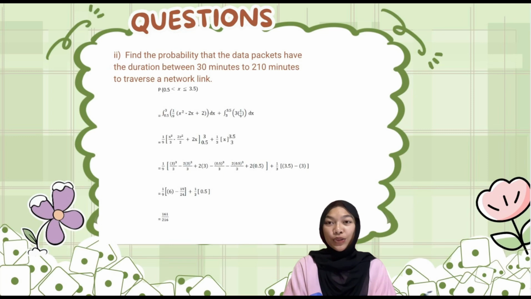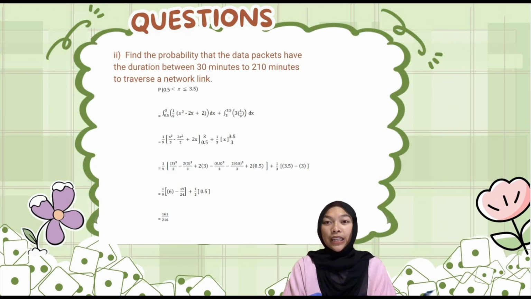Substituting the limits into the first integral, we have 1 over 9 times the quantity 3 cubed divided by 3 minus 2 times 3 squared divided by 2 plus 2 times 3, minus the quantity 0.5 cubed divided by 3 minus 2 times 0.5 squared divided by 2 plus 2 times 0.5.